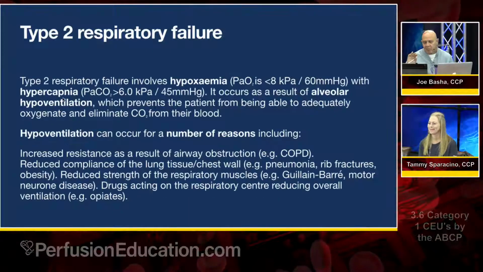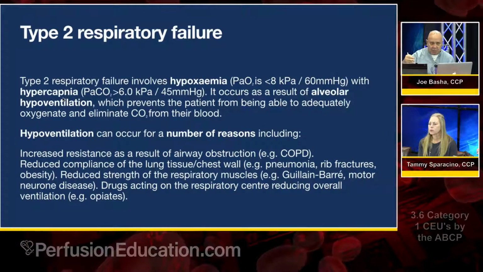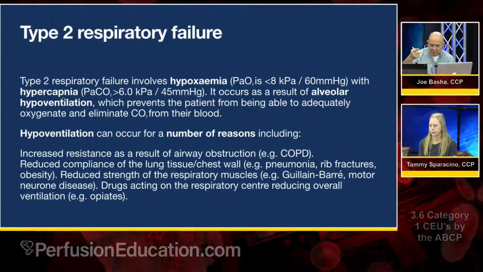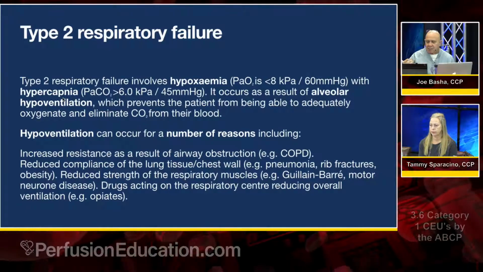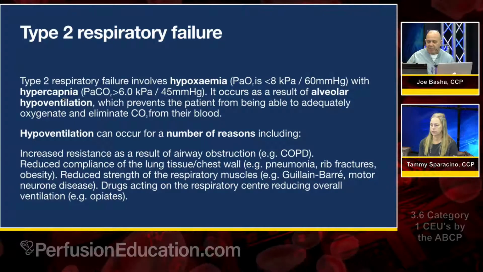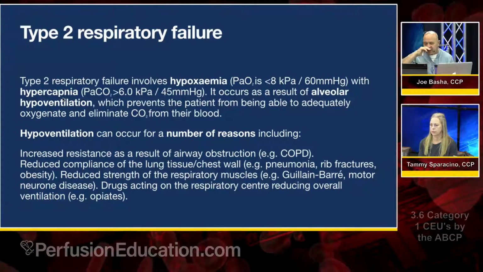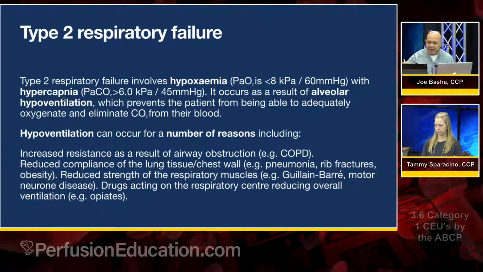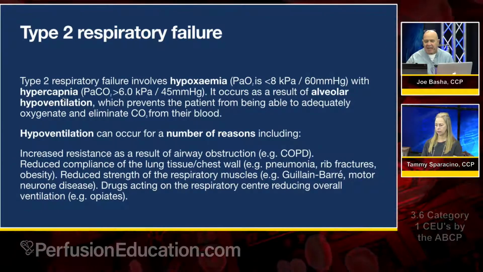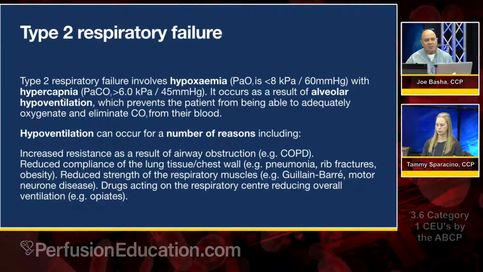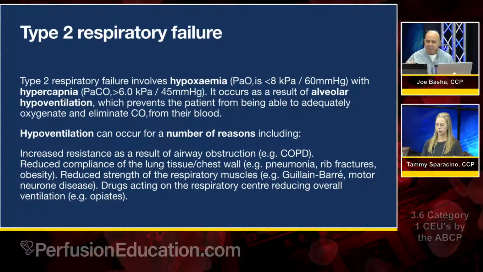No goat yet. Type 2 respiratory failure, remember we talked about this, it's hypoxemia and hypercapnia. Type 2 respiratory failure is characterized by hypoxemia with hypercapnia. It occurs as a result of alveolar hypoventilation, which prevents the patient from being able to adequately oxygenate and eliminate CO2 from their blood.